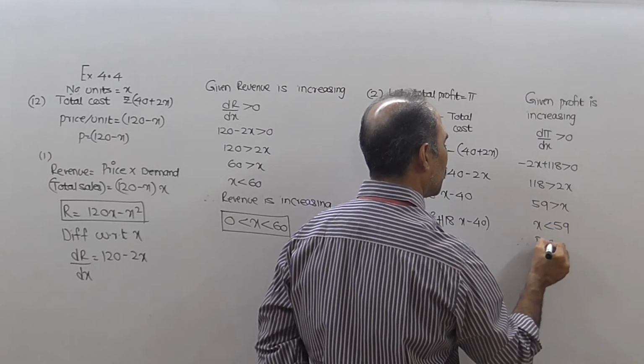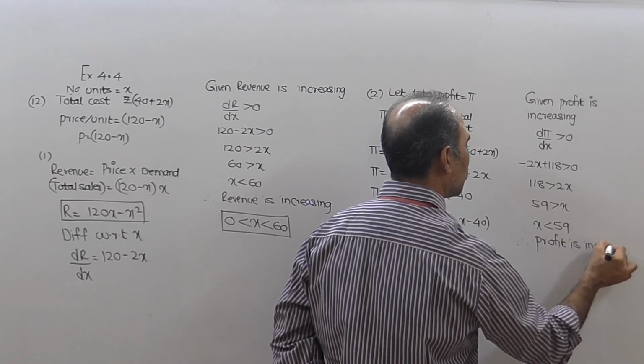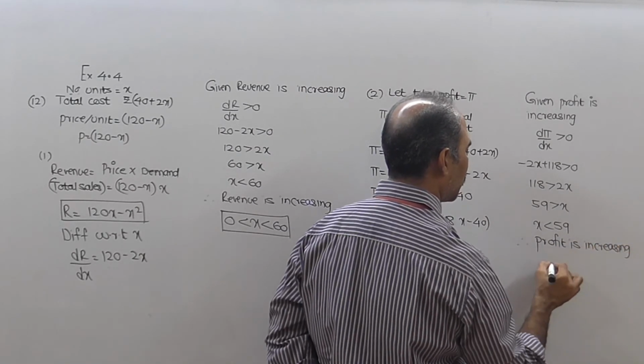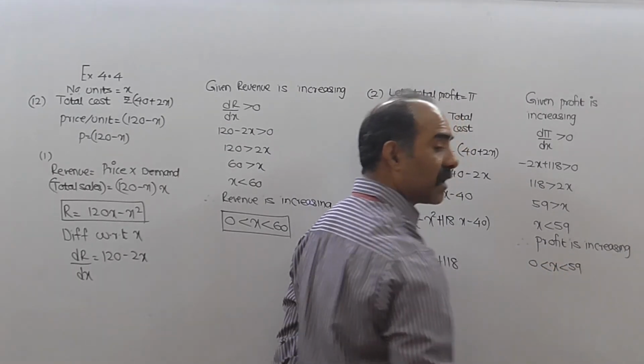Therefore, profit is increasing when X is less than 59, but at the same time it should be greater than 0.